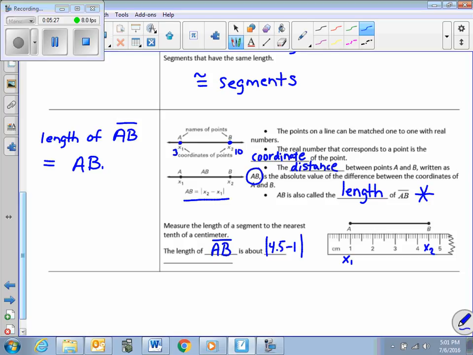So 4.5 minus 1 is the absolute value of 3.5. And the absolute value of 3.5 is 3.5, and that is a centimeter ruler, so do not forget to put your centimeters there. So how we would write this is that AB in this example is 3.5 centimeters.